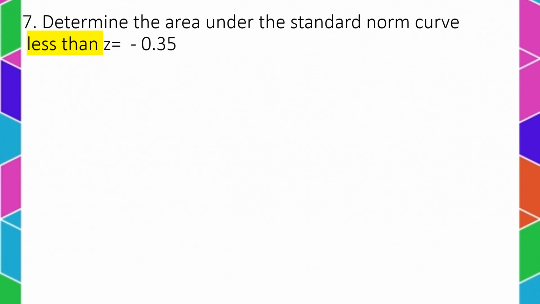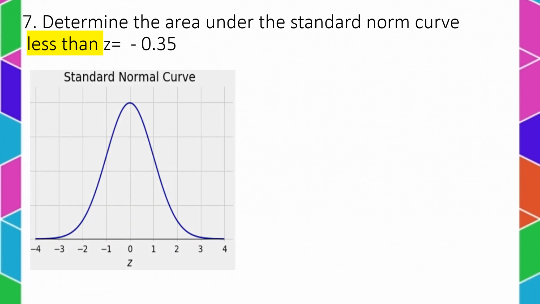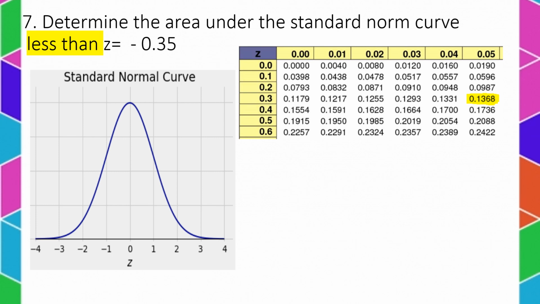Okay, let us proceed to example number 7. Determine the area under the standard norm curve less than z equals negative 0.35. Okay, ang ginamit na expressions naman dito is less than z equals negative 0.35. Okay, where is the value that is equivalent to 0.35?